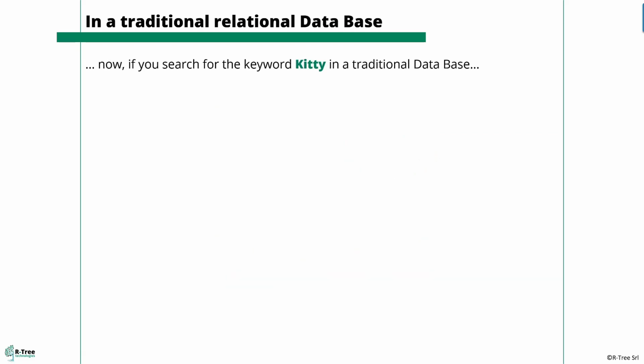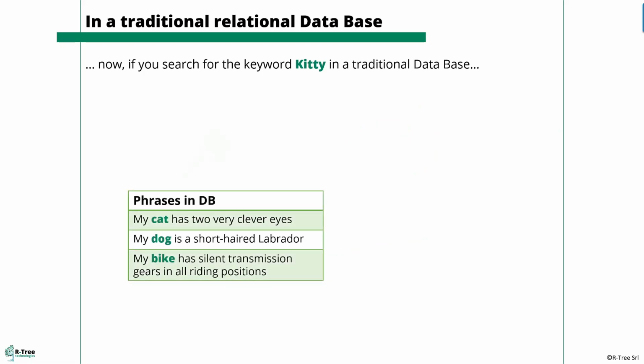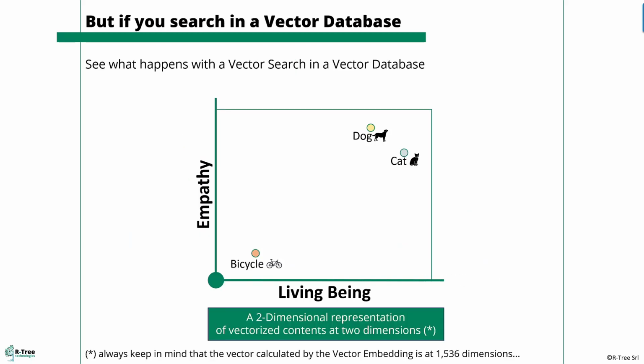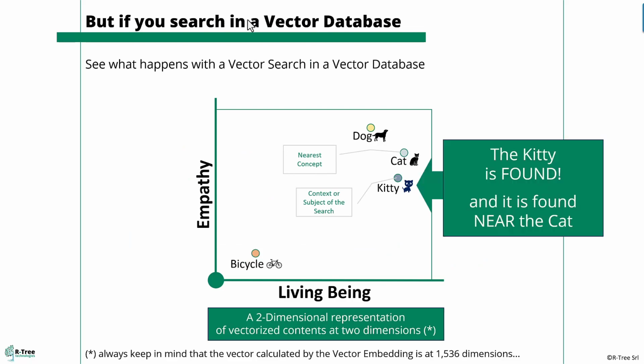To understand the novelty brought by this search technology, if you query a traditional database containing dog, cat, and bicycle using the keyword kitty, you will not get any result. But using vector search, it is possible to perform a search for concepts, looking for those with the closest cognitive meaning, even if the concept to be searched has been described with different words.